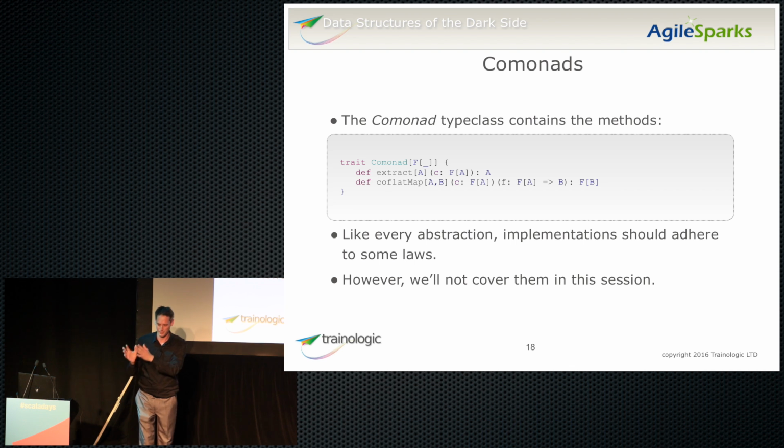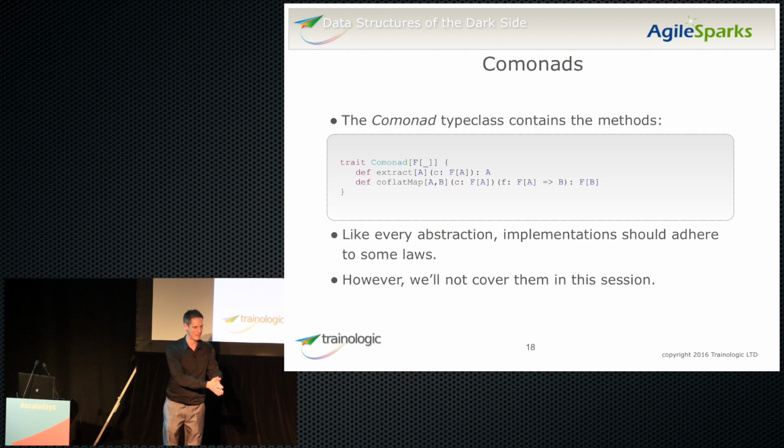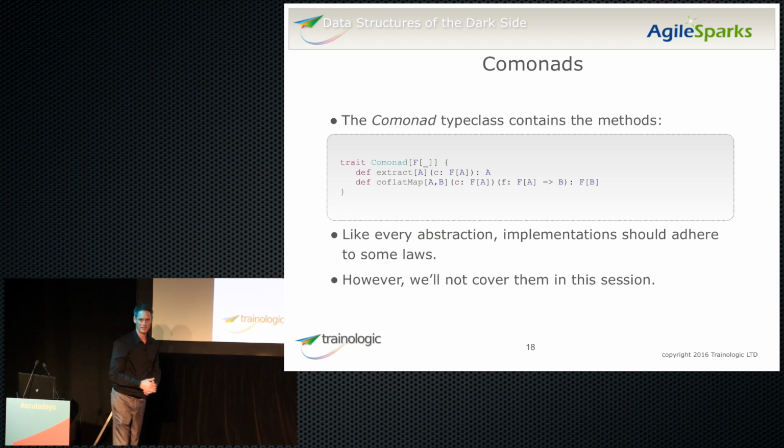Here we take an f of a and return an element. You see? And in our zipper, what will be the element? The focus. Remember, a zipper is always a non-empty collection, and this method always exists. There's always some focus for the cursor.